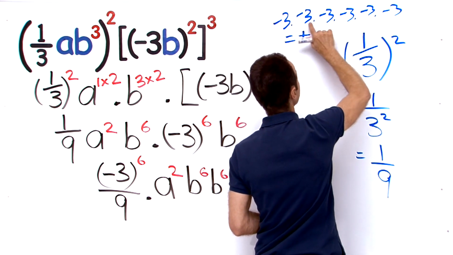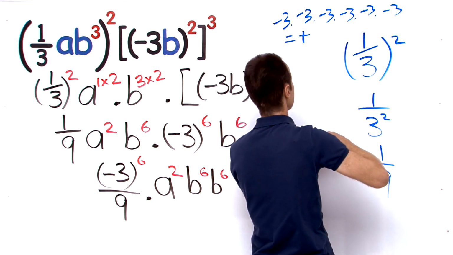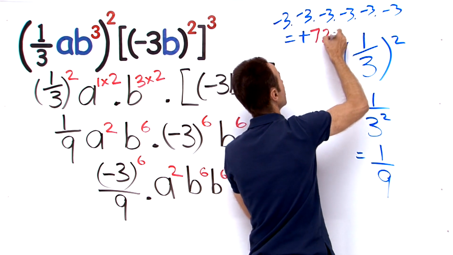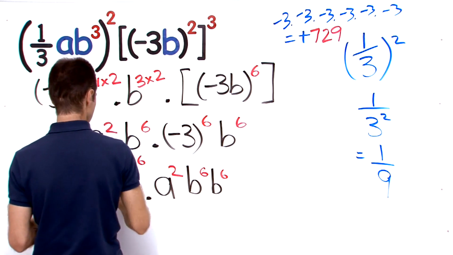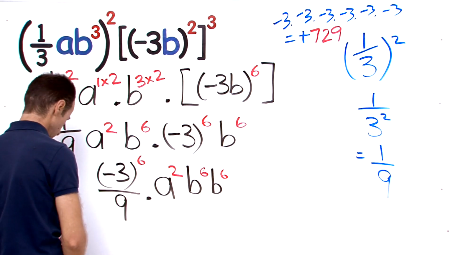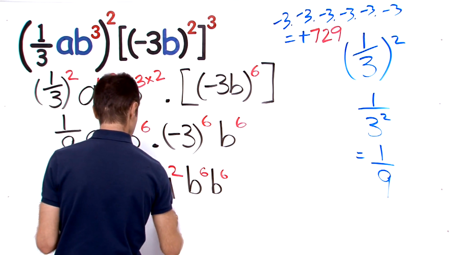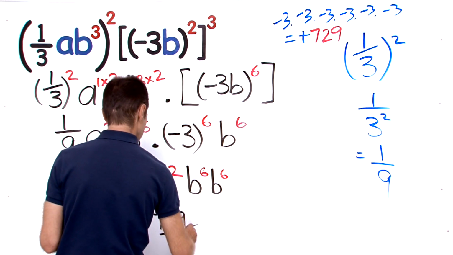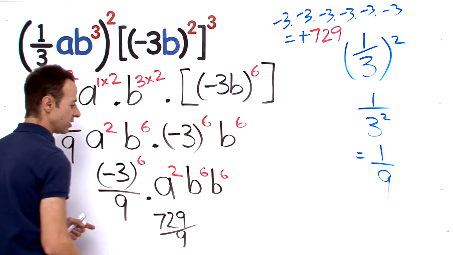So it's positive 3 times 3 times 3 times 3 times 3 times 3, which is 729. So that's going to equal 729 all over 9, with the 9 underneath.